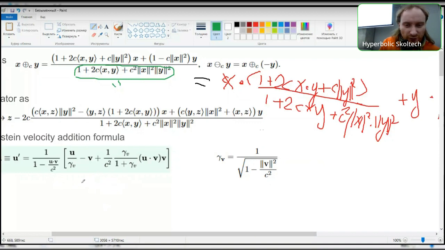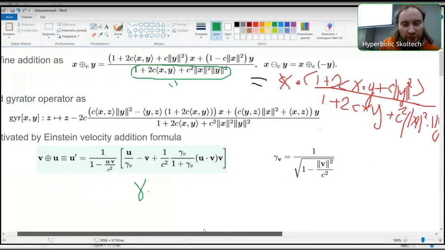We have to compute this gamma, so we should somehow take the square root, and after recomputing coefficients, probably. Actually, I don't know which coefficients to choose, but okay. So they are somewhat alike formulas.